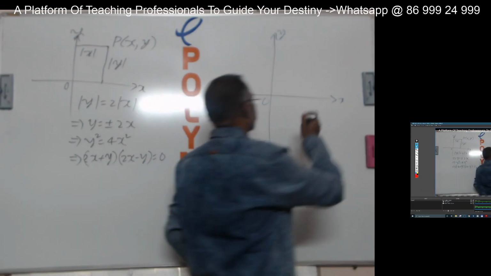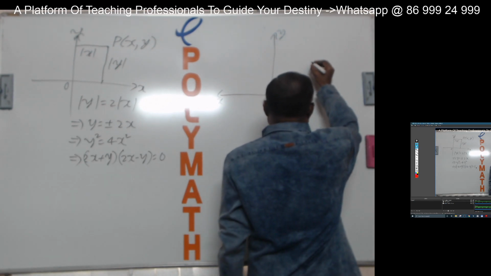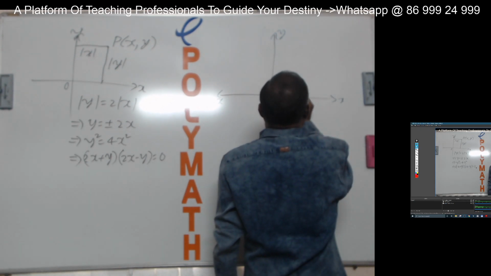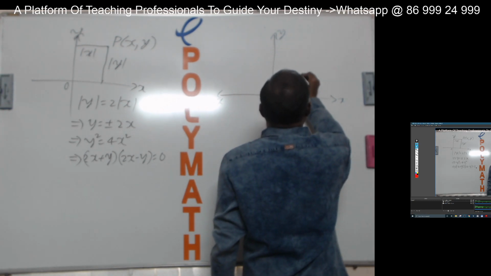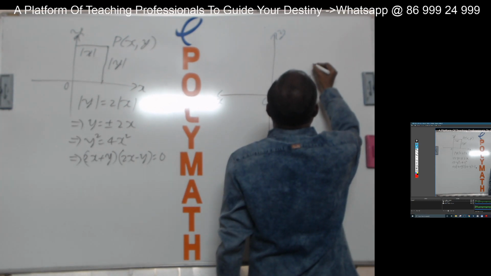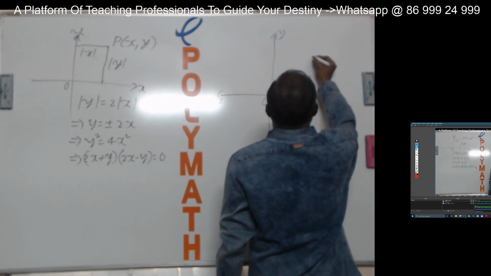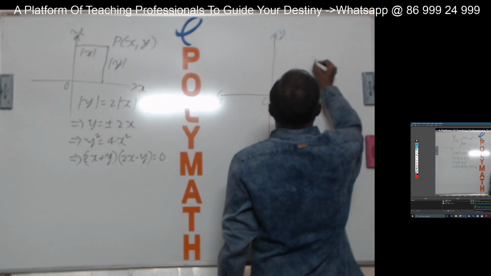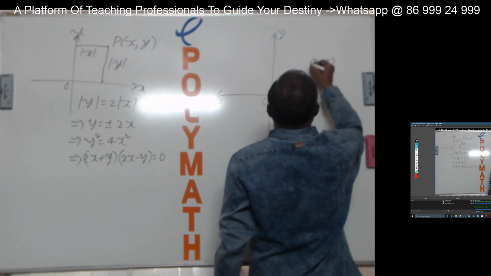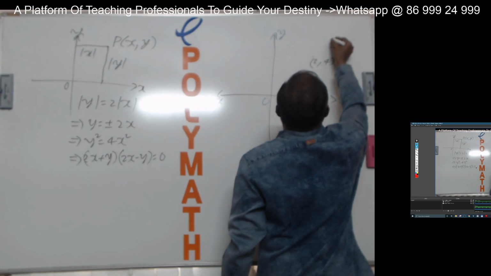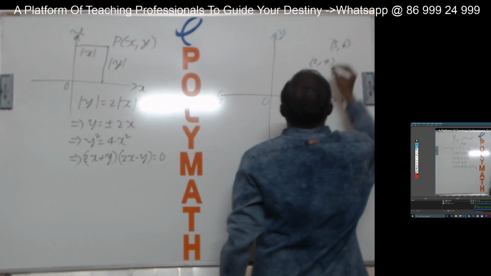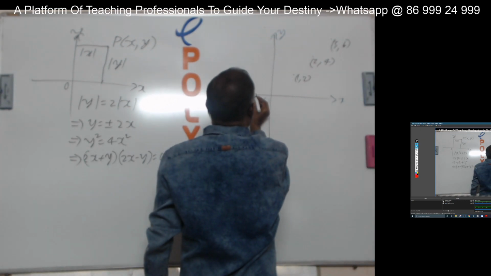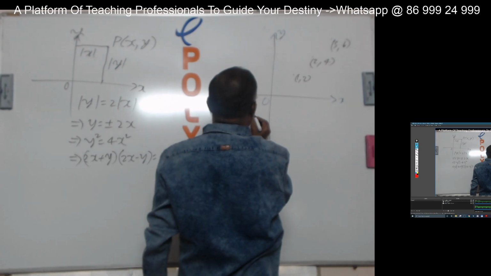So choose such points. (1, 2), for example, (2, 4), (3, 6), (-1, -2).